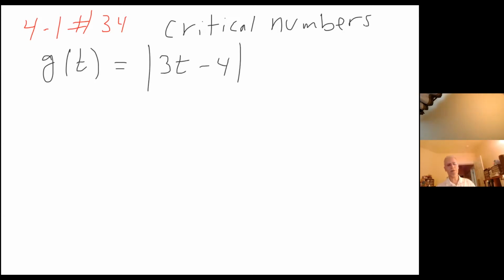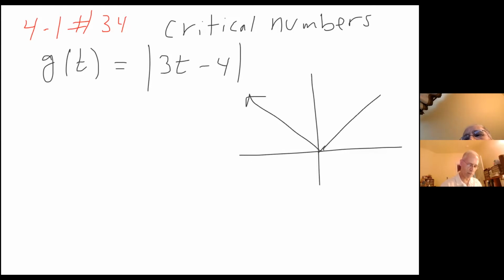Okay, so if you remember your Math 141, you know that the graph of absolute value looks something like this. Say this is t and this is g of t, but now we have this graph being shifted to the right 4 units, and the values of y are being multiplied by 3 because it's 3 times t.